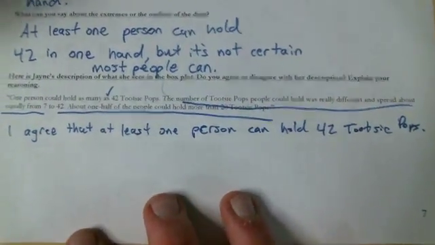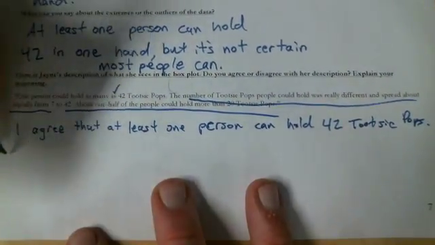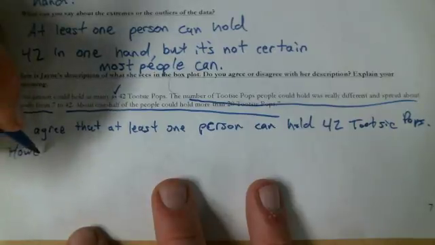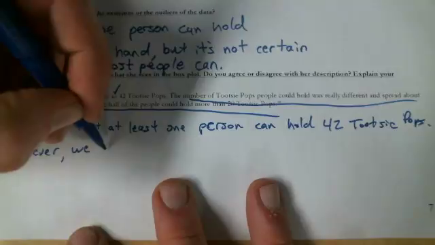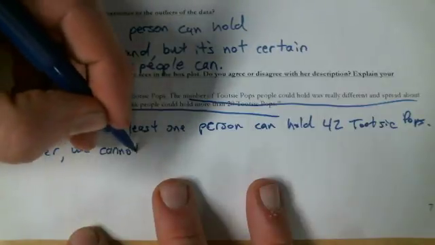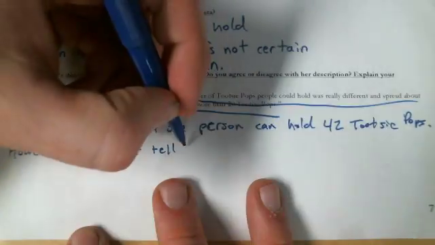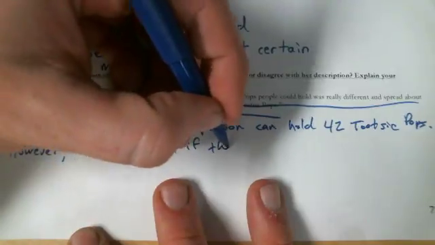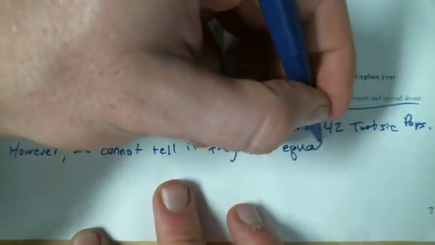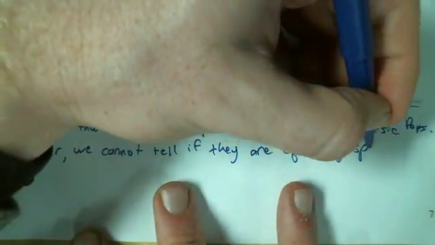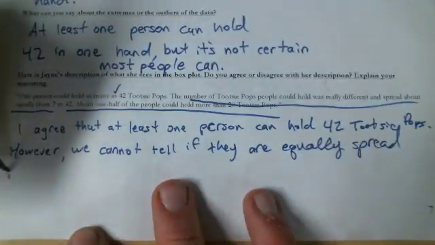I agree that at least one person can hold 42. However, we should disagree about the equally spread. We cannot tell if they are equally spread from 7 to 42.